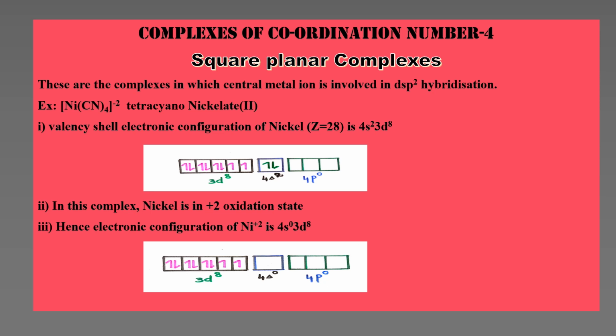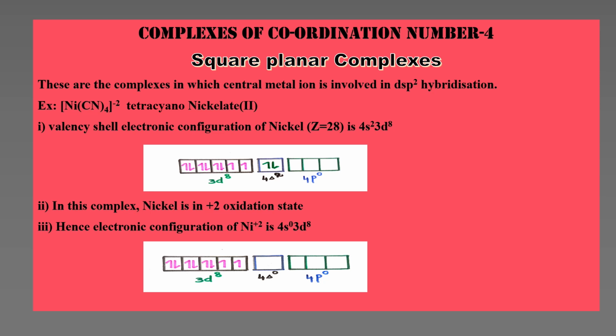If we observe the outermost shell electronic configuration, it would be 4s2 3d8. The valence shell electronic configuration of nickel is 4s2 3d8. In this complex, nickel is in the +2 oxidation state, so the oxidation number of nickel in this particular complex will be +2.